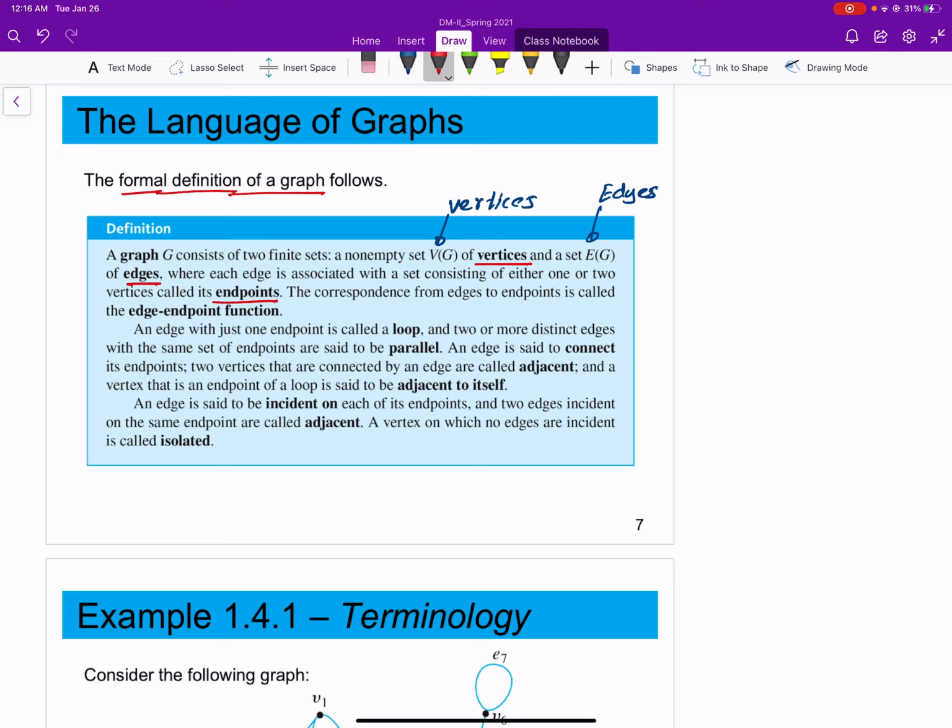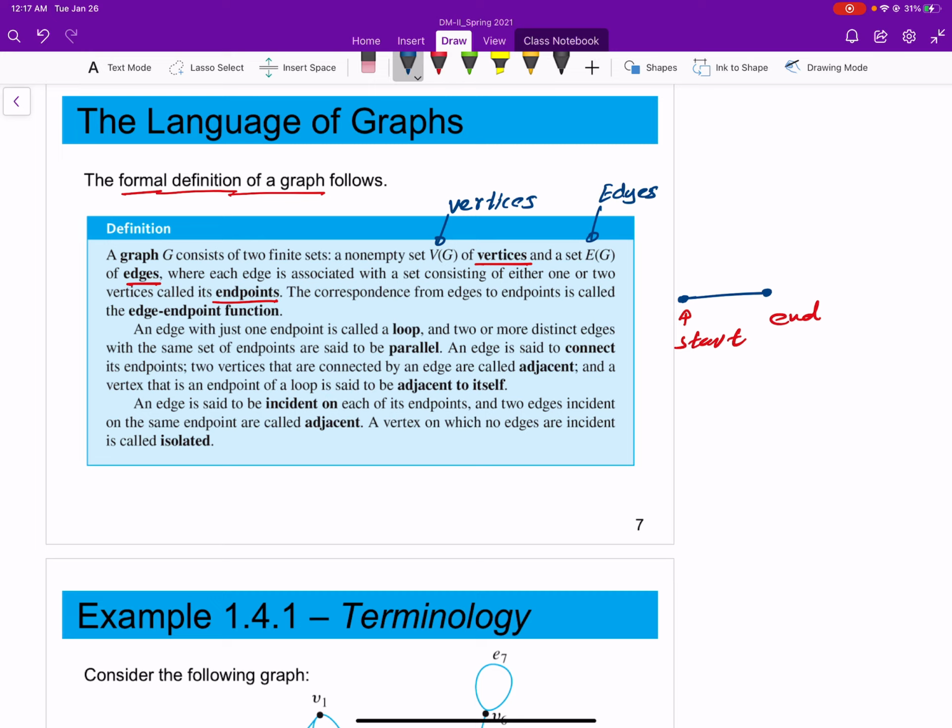If it's an edge, like this, so there should be two vertices. There should be two vertices at the start and at the end of the edge. Okay, so this is the start. That is the end.